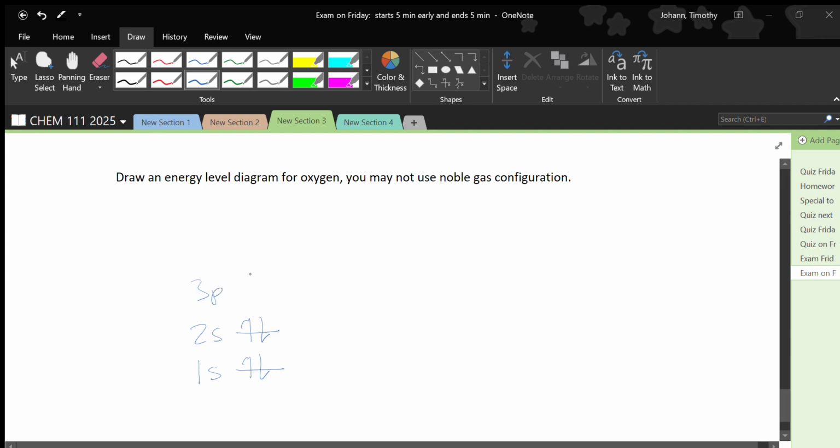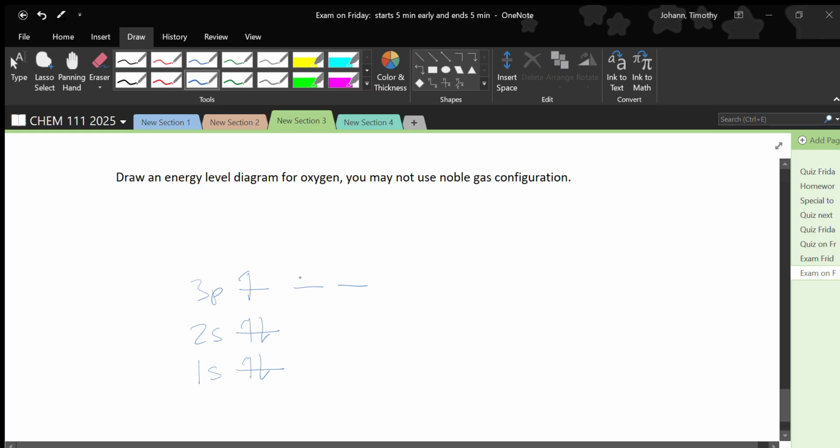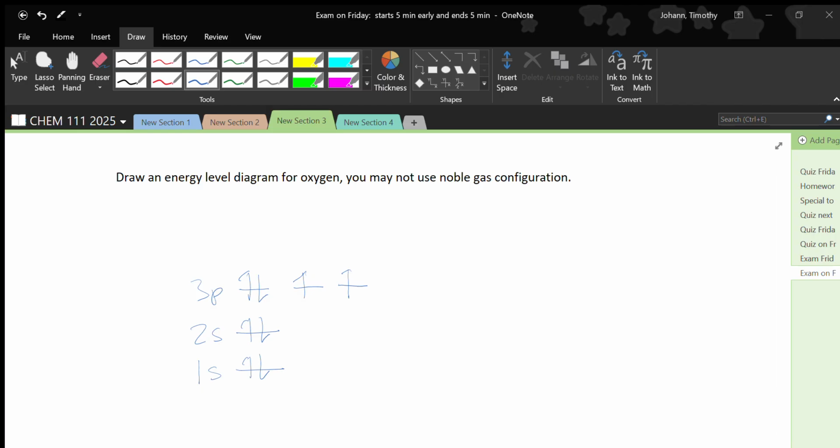Then 2p: the p has 3 orbitals, as s has 1, p 3, d 5, f 7. Then I work my way across. We're at oxygen, right? So boron, carbon, nitrogen, and I have to pair one now, oxygen. And that's my electron configuration and my electron energy diagram for oxygen.